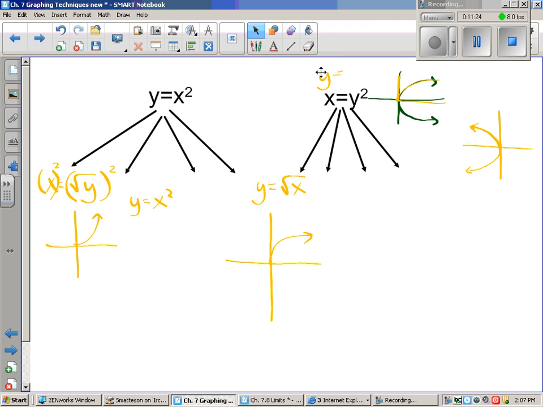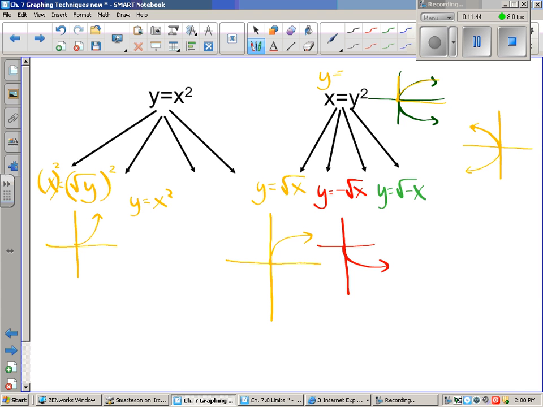All right, next one, y equals, of course, the negative square root of x. And so this would be the negative portion of that. Your x's are positive, your y's are negative. Then you have, of course, y equals the square root of negative x, now having that negative underneath the square root, similar to what we did before.